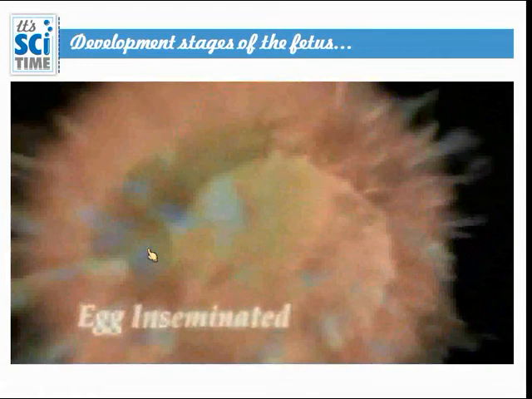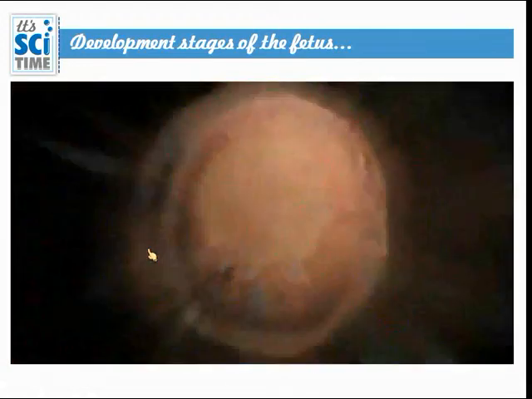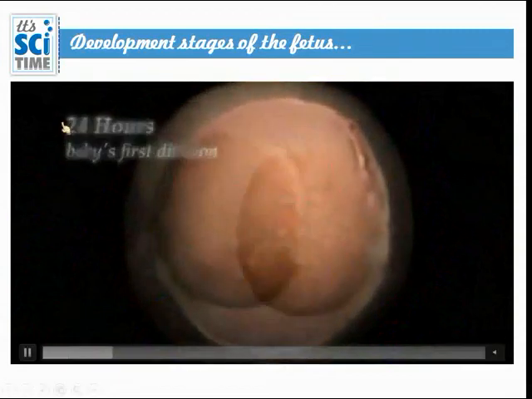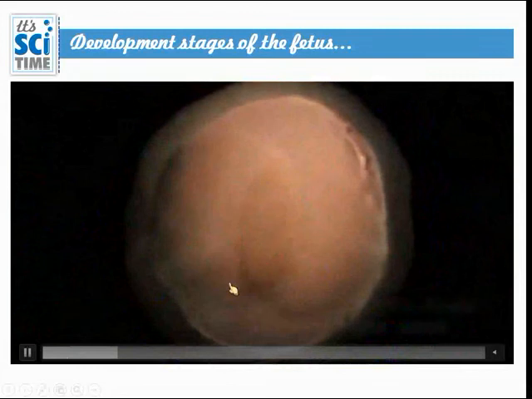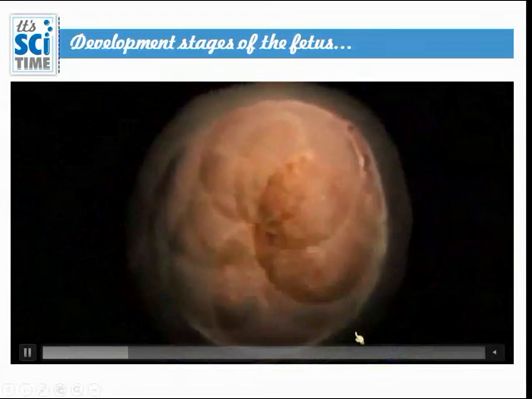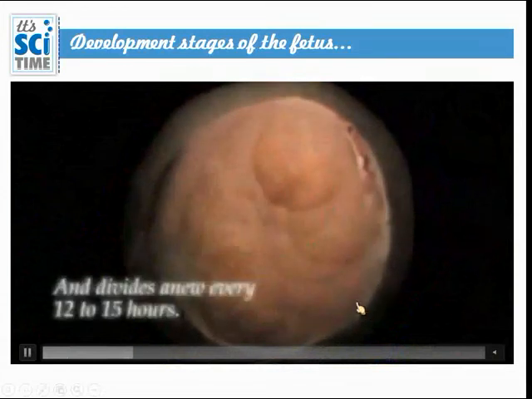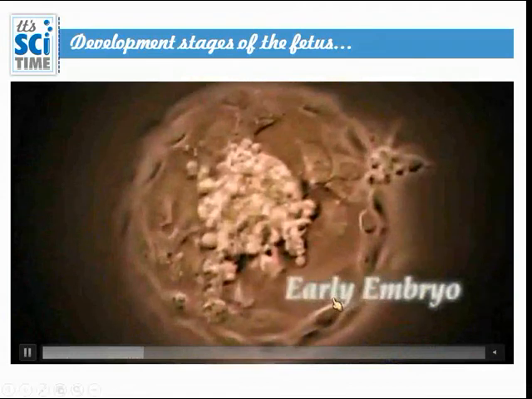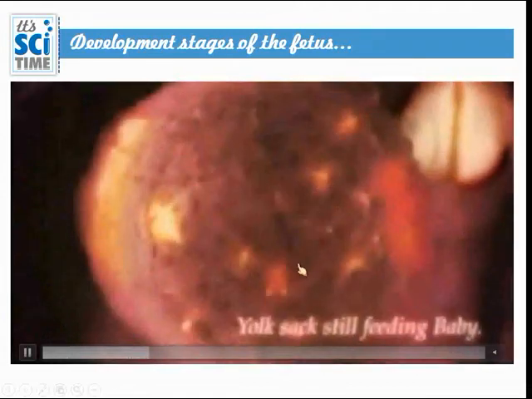After that, egg segments and the fertilization take place. The first division takes place within 24 hours. Then further division goes on and divides every 12 to 15 hours. It divides further. Now the early embryo looks like that.